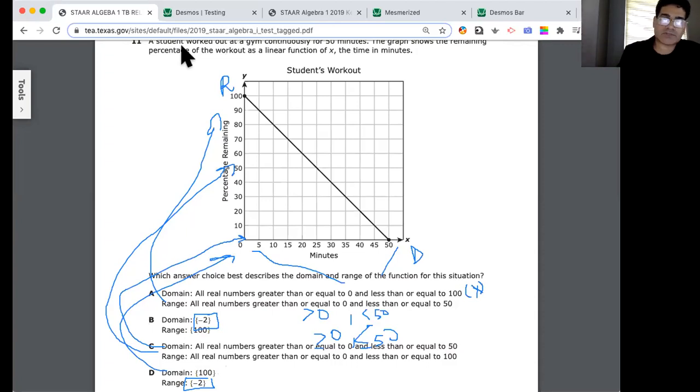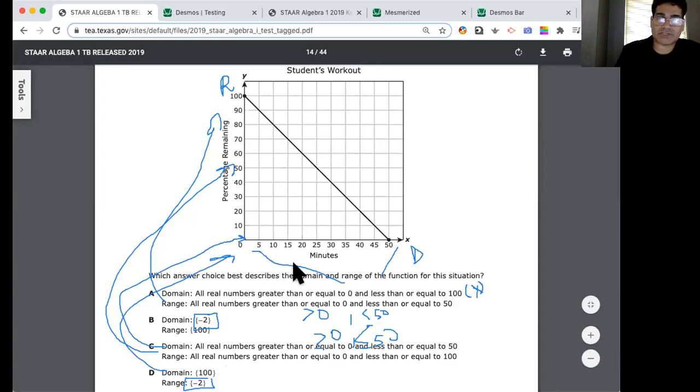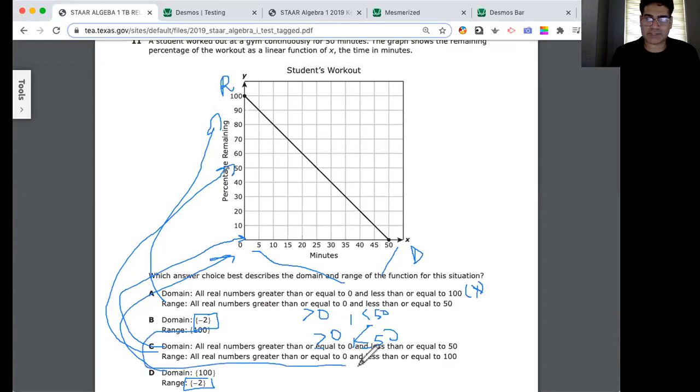The numbers in C seem to relate to what I'm seeing in the graph, 0 to 50 for the domain and the range 0 to 100. So let's make the best educated guess and take C, because that's matching the information in this graph. We'll go to our answer key.